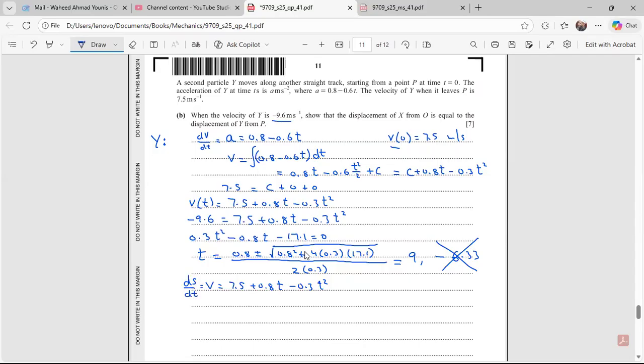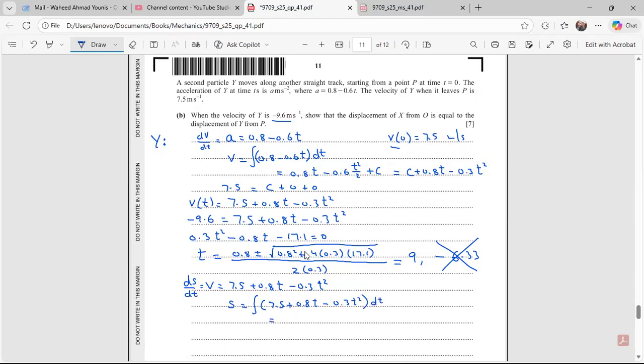So from here we can say that the displacement is equal to the integral of 7.5 plus 0.8 t minus 0.3 t square dt.